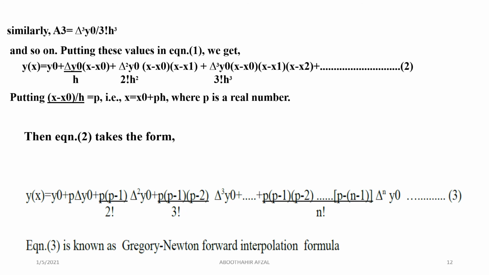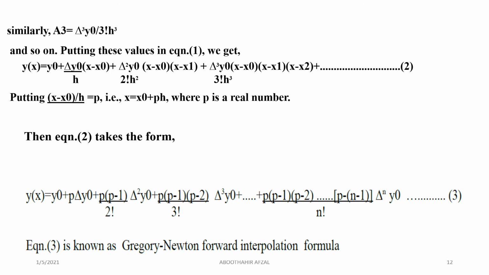I just replace (x minus x0) by h with p. So I write p into delta y0, plus p(p minus 1) by 2 factorial into delta square y0, and then p(p minus 1)(p minus 2) by 3 factorial into delta cube y0. In general, the term will become p(p minus 1)(p minus 2) and so on up to (p minus (n minus 1)) by n factorial into delta n y0.